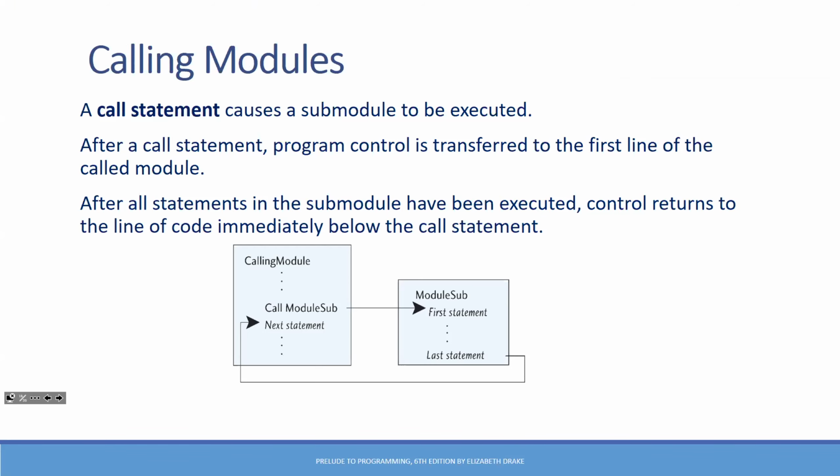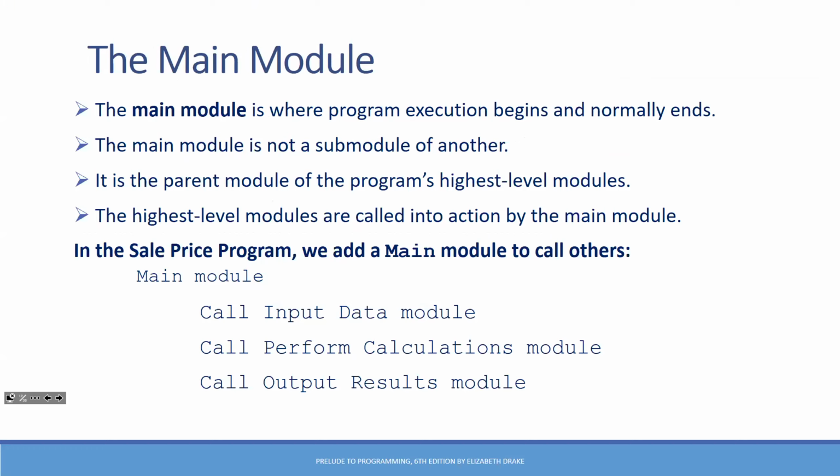So that's a call. So the main program, our controller program, is always called main. So that module that runs all of the other modules is our main module. So the main module is where program execution starts and ends.